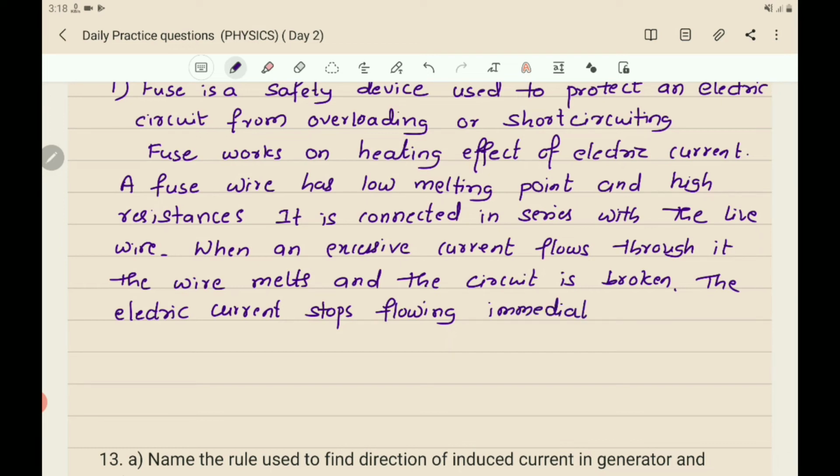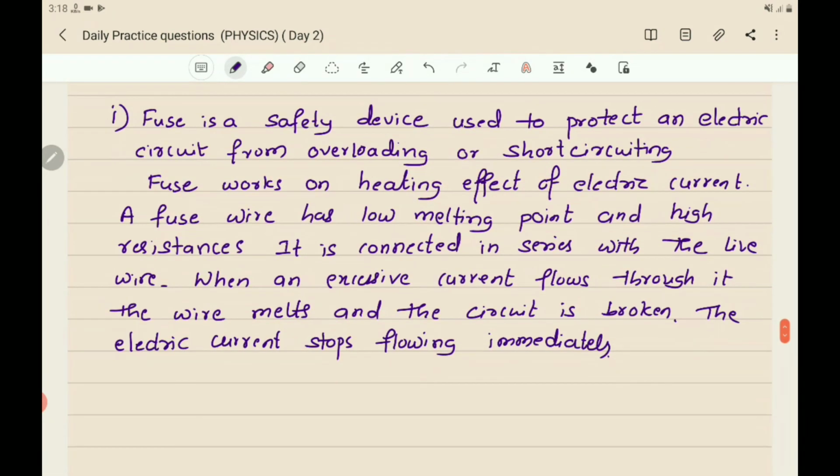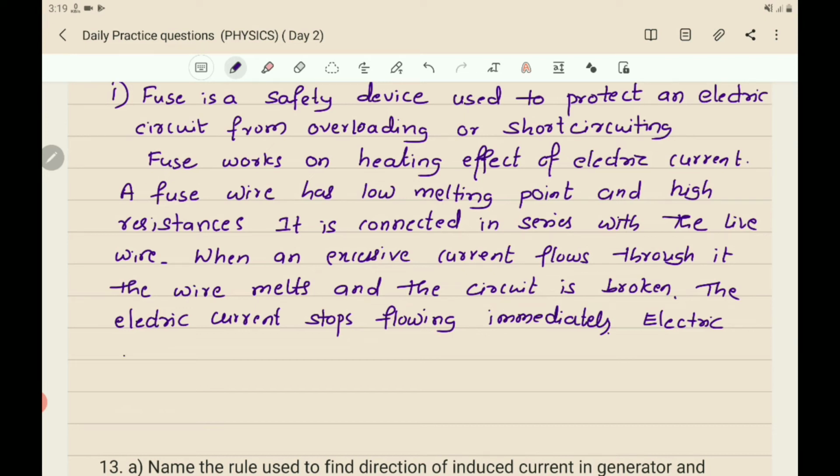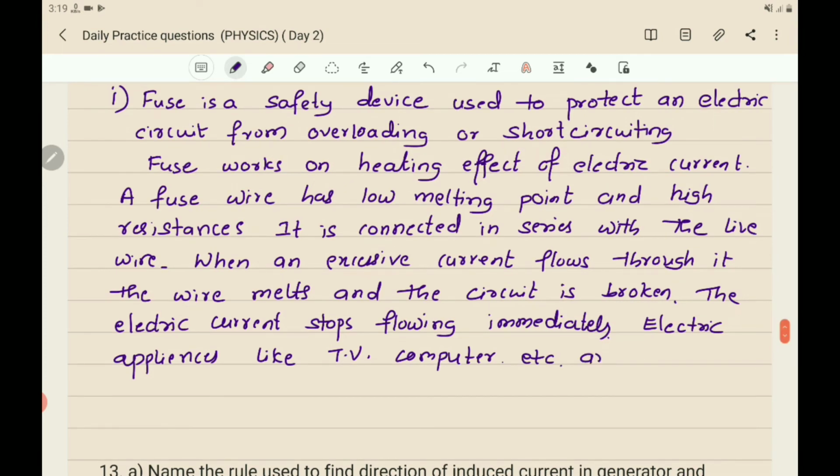Electric appliances like TV, computer, etc. are thus prevented from getting damaged.